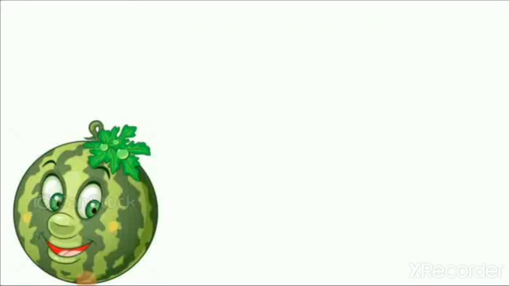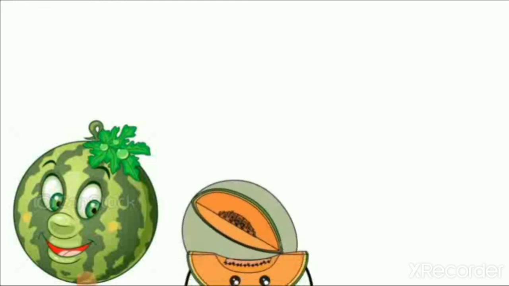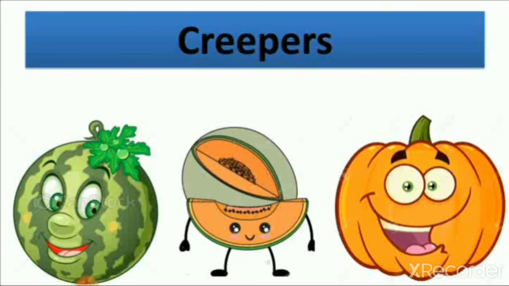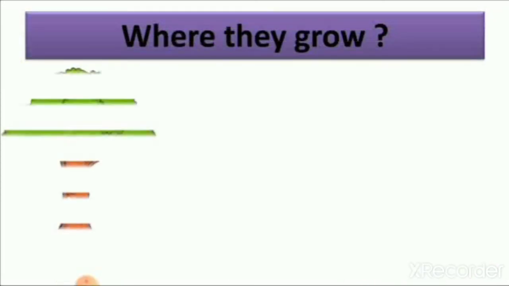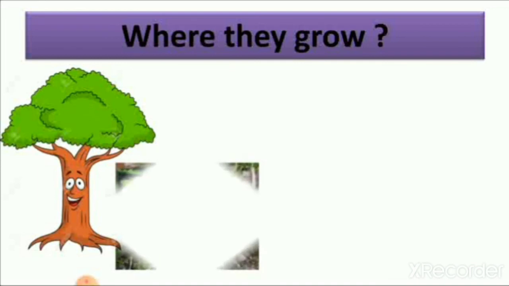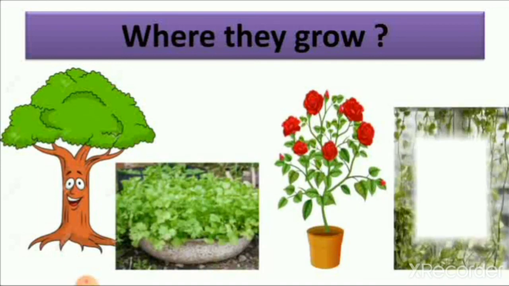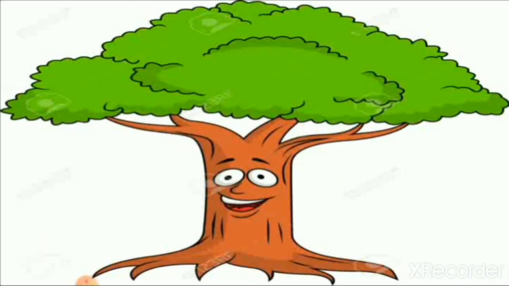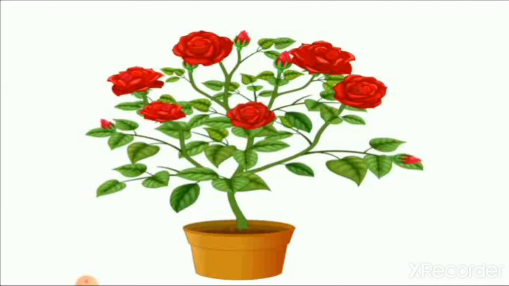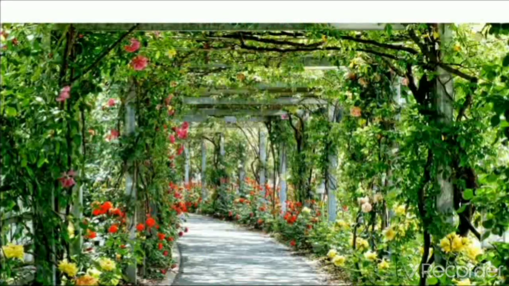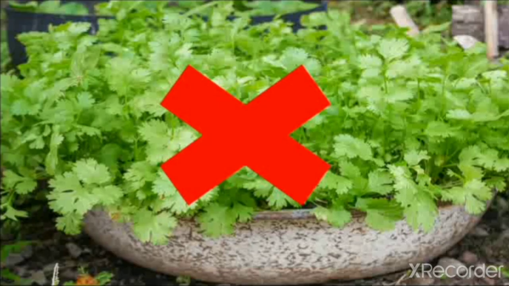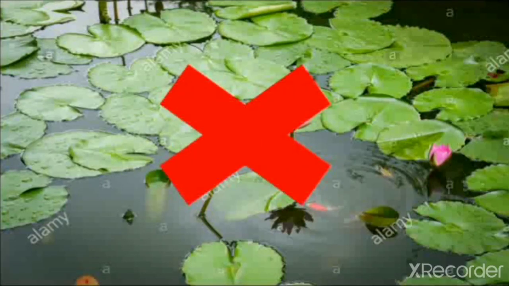So let's revise what we learned today. We learned about creepers like watermelon, muskmelon and pumpkins. They all are creepers. So where do they grow? They cannot grow on a tree, they cannot grow in a pot, they cannot grow like climbers, like rose and coriander, and not grow in water.